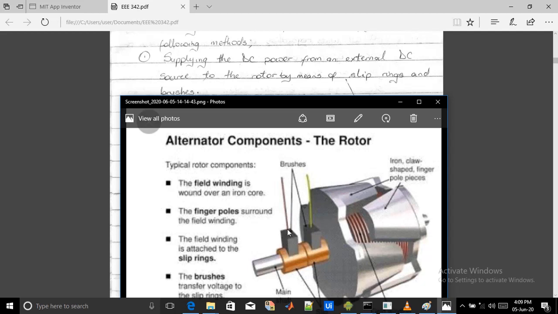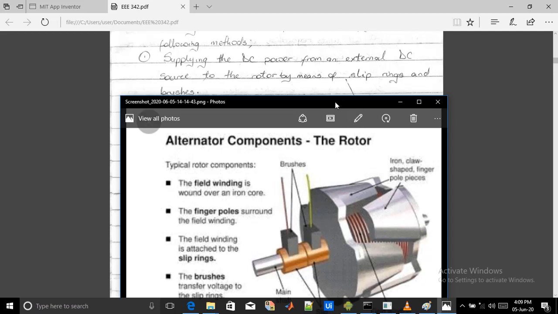So now these wires, red and green, they are going to the external DC source.